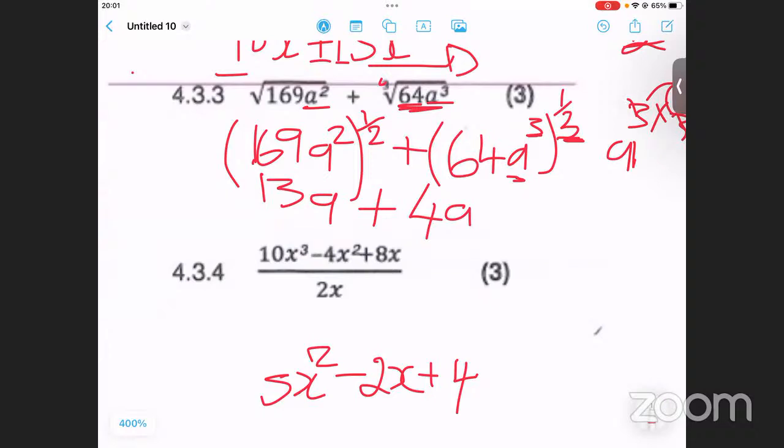The 10x cubed divided by 2x is going to give me 5x squared, because 10 divided by 2 is 5, and then we subtract the powers of x. So x cubed, it's going to be x to the 3 minus 1, so x squared. And then 4x squared divided by 2x gives me 2x. And then 8x divided by 2x gives me 4, because the x's cancel each other out, and you're left with 8 over 2, which is 4.